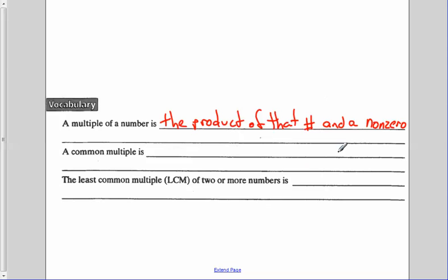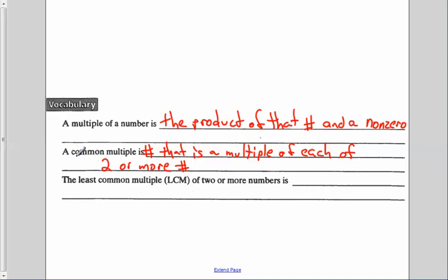So any other number besides 0, because anything times 0 would be 0, so the product of a number and a non-zero is a multiple of it. And a common multiple is a number that is a multiple of each of two or more numbers.